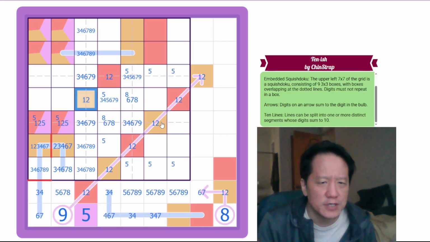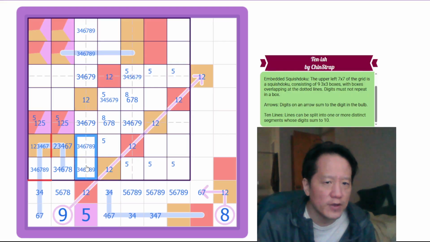So orange has orange there, orange there. So they must be... Orange can only be sharing. So again, we have 8 either here or here.